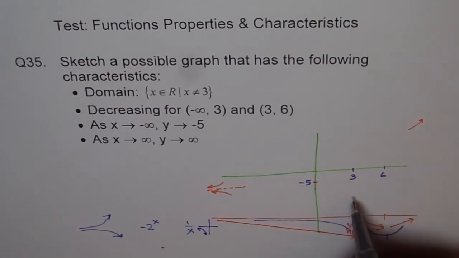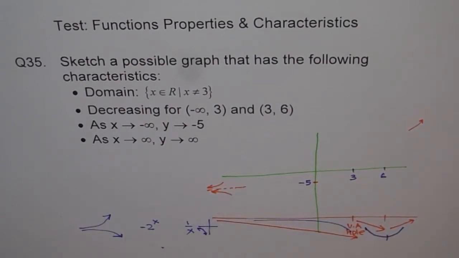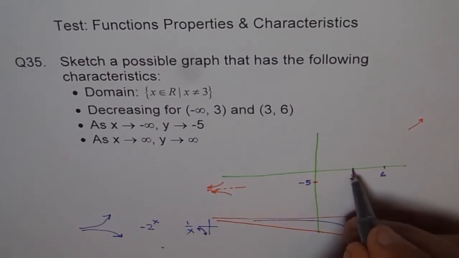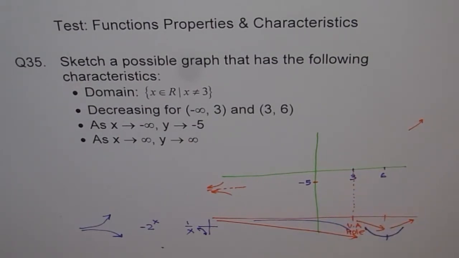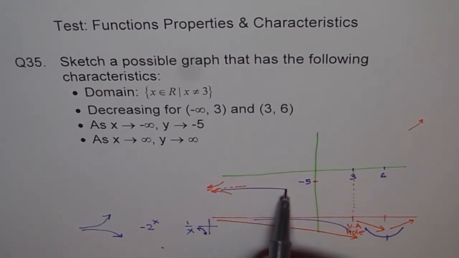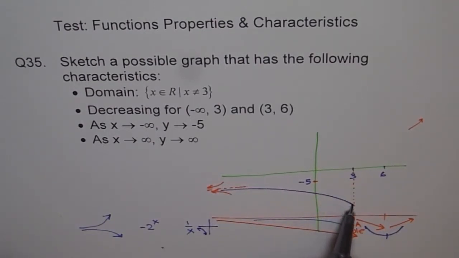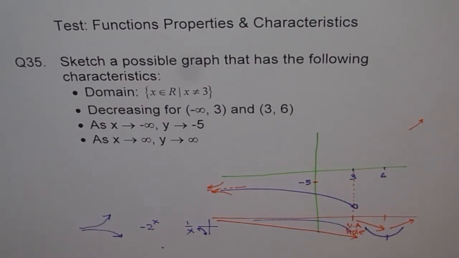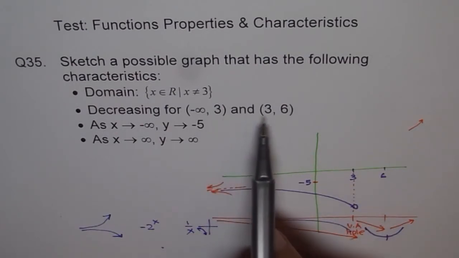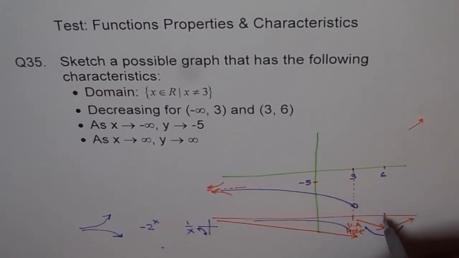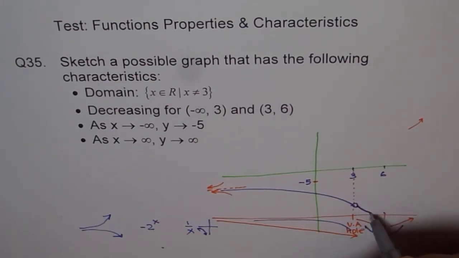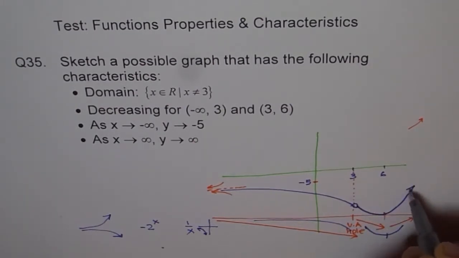I like that part. So let me just make a rough sketch so that I know where to end my graph. Here it is. I'll go like this and think this is my minus 1 over x, and I make a hole here. Is that okay? So I have a hole at 3, because that is not included in my domain. Do you see that? And then up to 6, I have kind of a parabola. So I'll go like this and up.